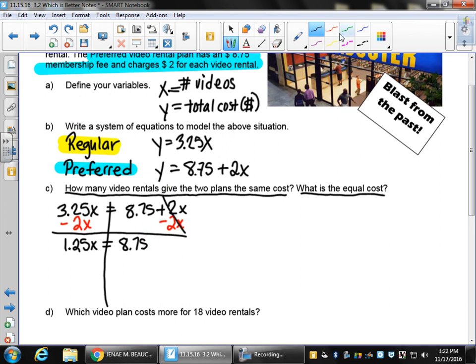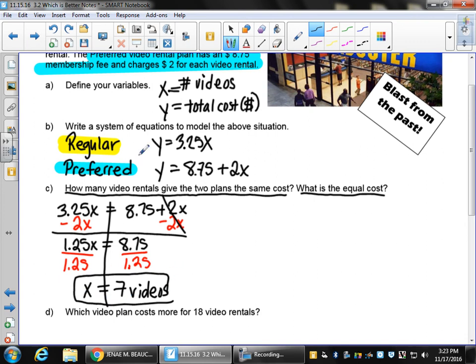To wrap this up, we will divide both sides by 1.25. 8.75 divided by 1.25, I get 7. Did you get 7? I hope you got 7. X equals 7 what? Come back up here. X is videos. You just found X. X equals 7 videos. So when you rent 7 videos, the cost is the same.